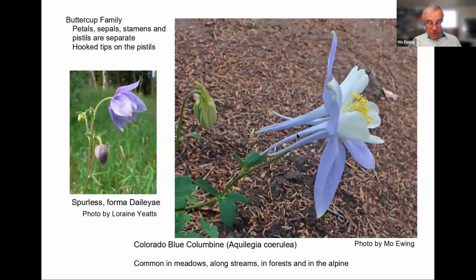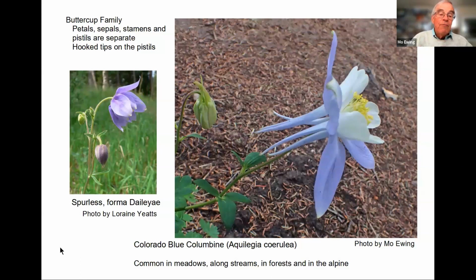This is the Colorado state flower, grows on the eastern and western slopes, and it's found in every county except on the eastern plains. It's found in meadows, along streams, and in forests, and in the alpine. And there is a form which is rarely found about Rocky Mountain National Park, which doesn't have the spurs.